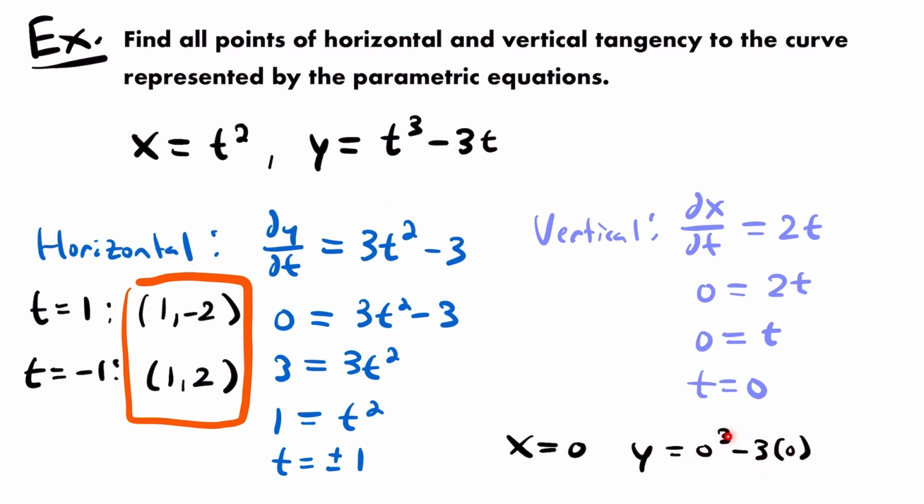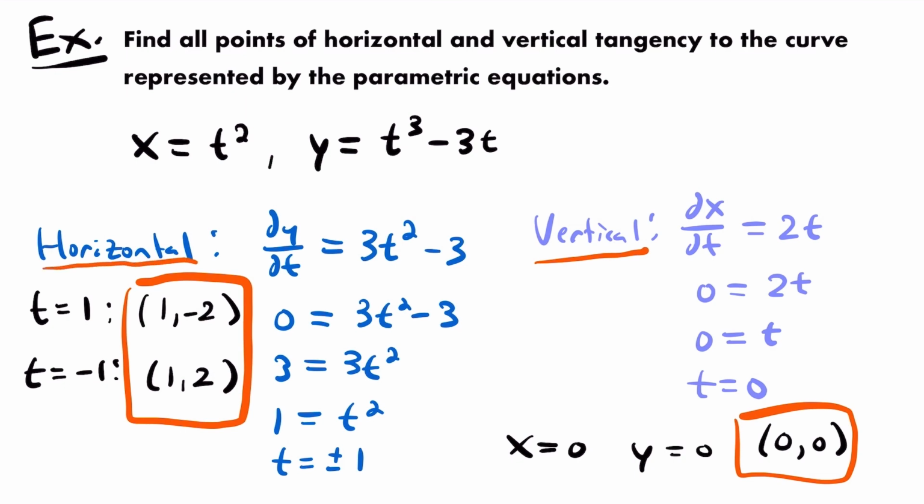All right, now 0 cubed is 0, and 3 times 0 is 0. So we have 0 minus 0, which is 0. So y is also equal to 0. And so the coordinate point where we have a vertical tangent line is the point (0, 0), which is also known as the origin. And so (0, 0) is the point of vertical tangency, and (1, -2) and (1, 2) are the points of horizontal tangency.